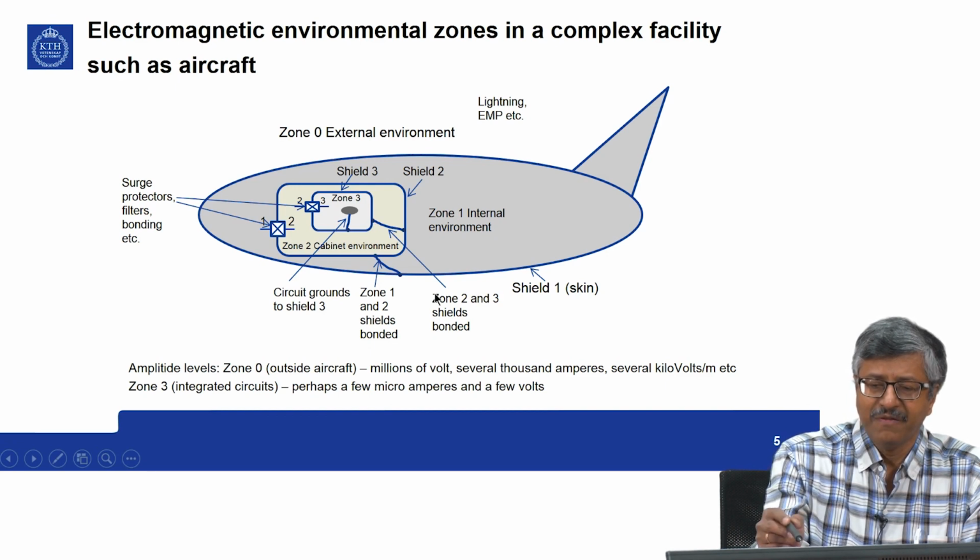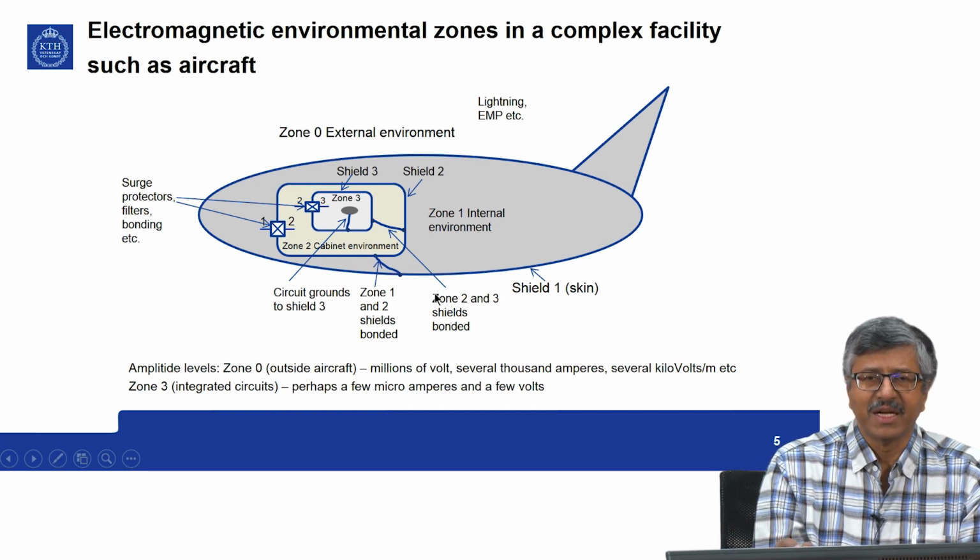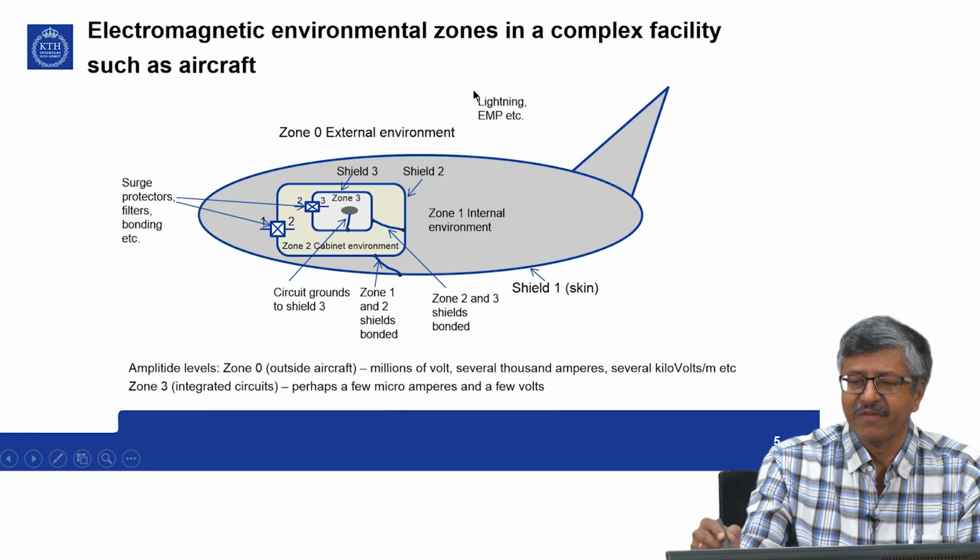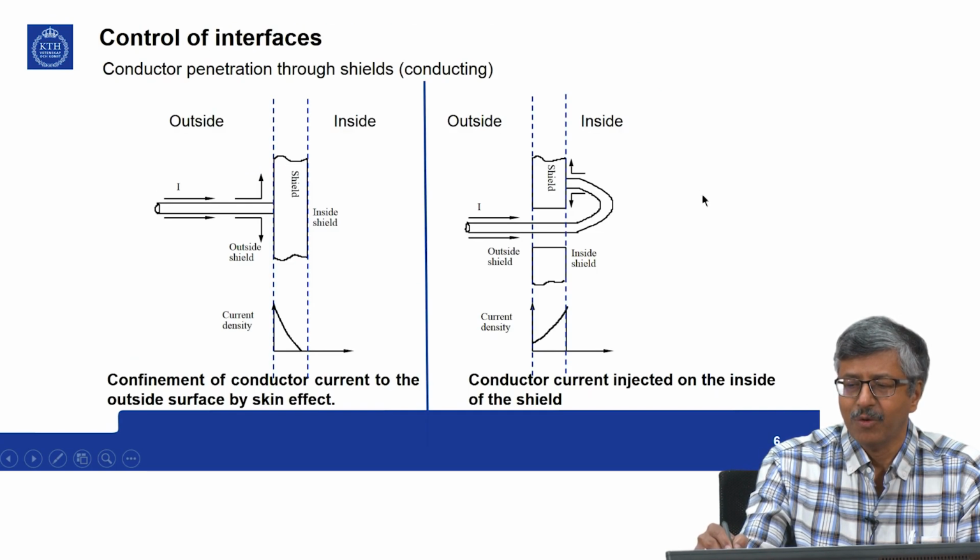Now, if an aircraft in flight is struck by lightning, you know that the electric and magnetic fields can be of the order of millions of volts.